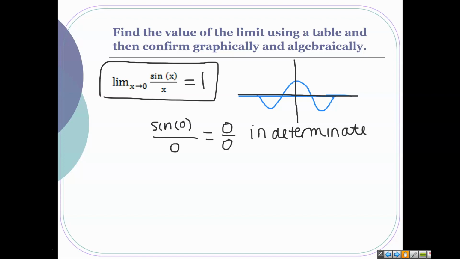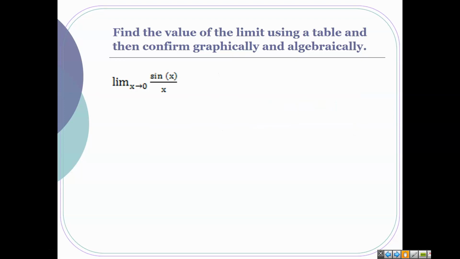And there's actually 3 more we're going to add to it on Tuesday. Okay. So the limit as x approaches 0 of sine x over x is 1. You're just going to keep that in your brain.